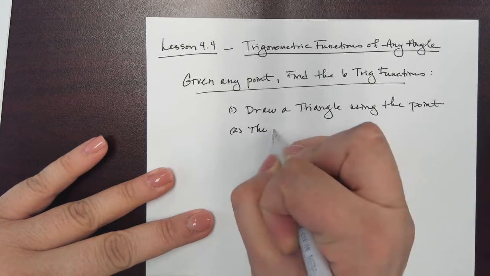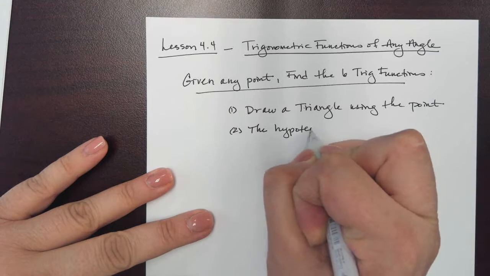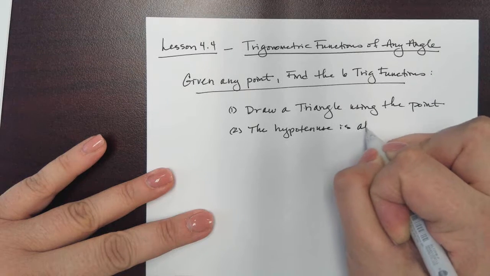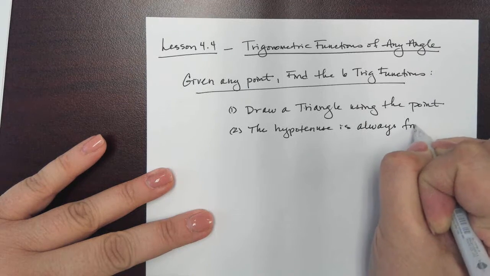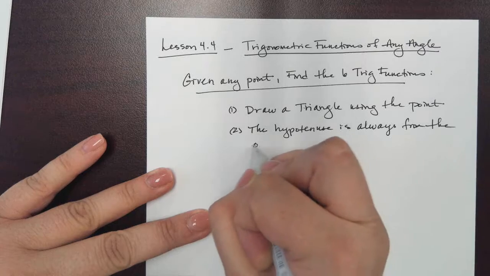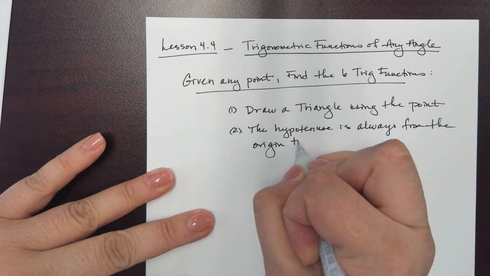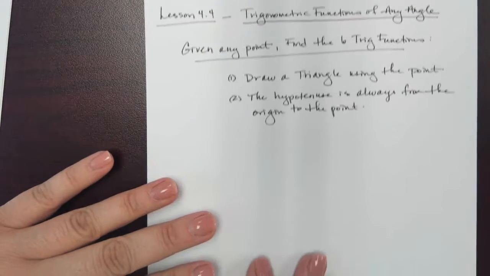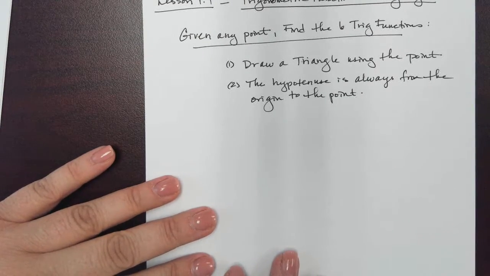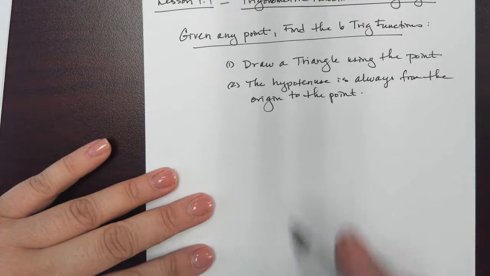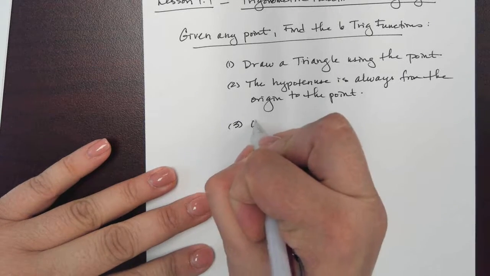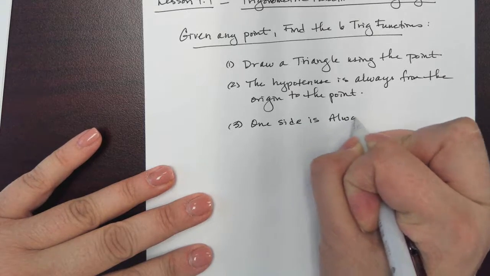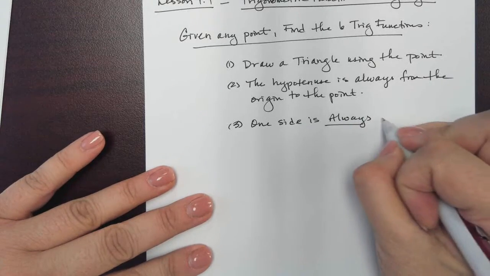The hypotenuse is always from the origin to the point. One side is always on the x-axis.